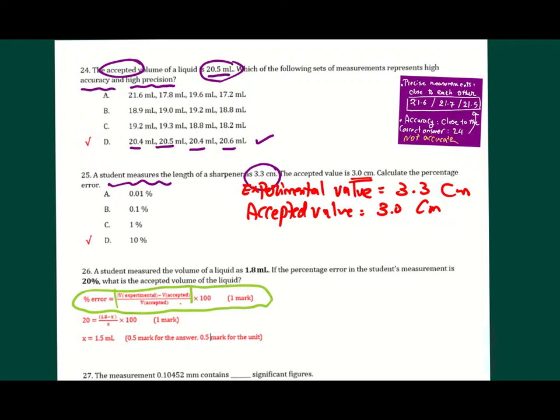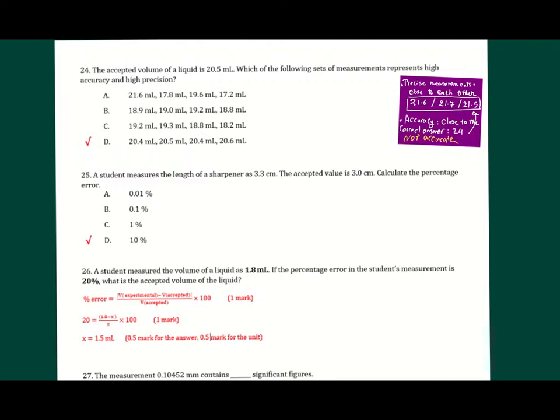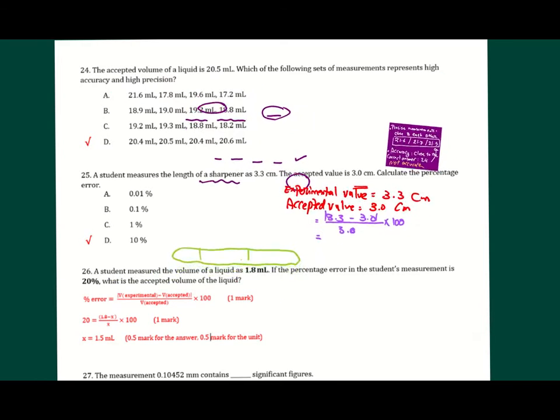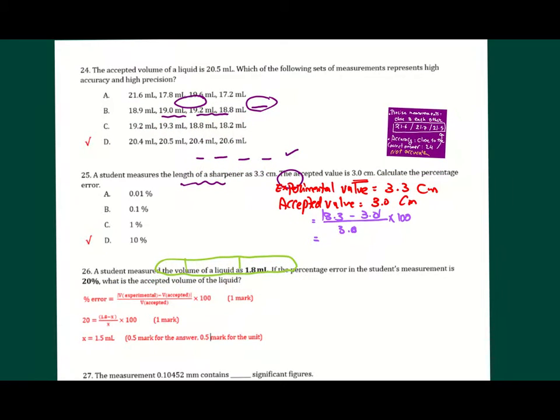The experimental value is 3.3. The accepted value is 3, so it's experimental minus accepted over accepted, into 100, equals 3.3 minus 3 equals 0.3 over 3 into 100.